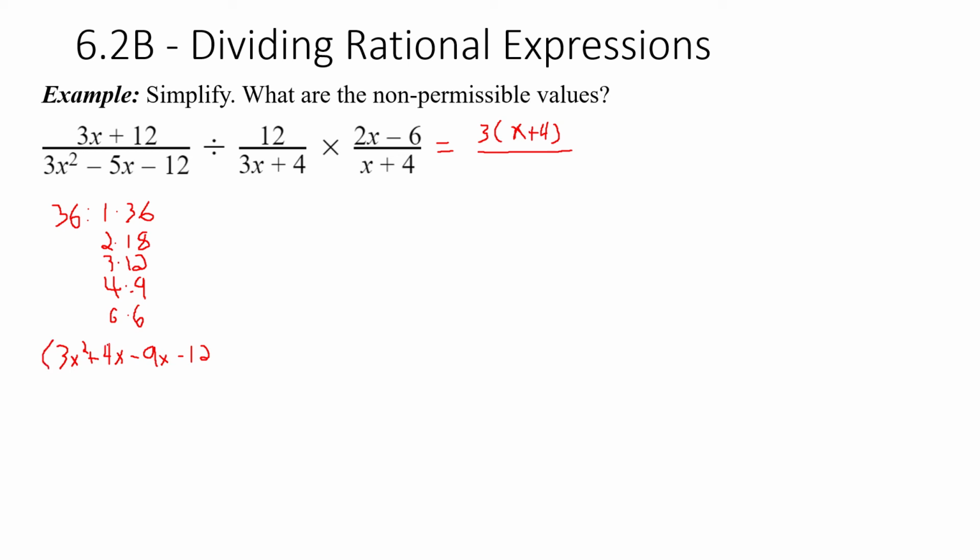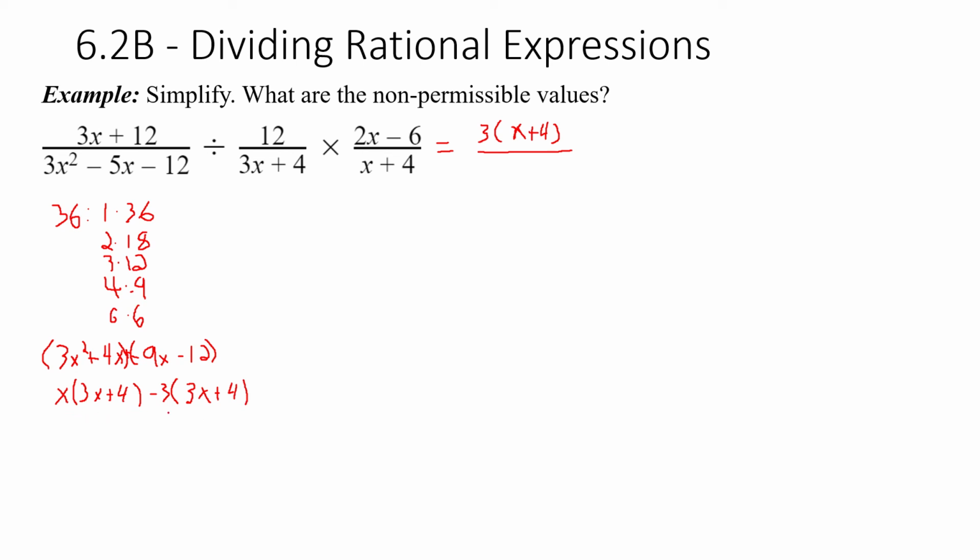Group the first 2 terms, group the second 2 terms, and add them. So from the 3x squared plus 4x, the biggest thing we can pull out is an x. And we're left with 3x plus 4. From the negative 9 and the negative 12, we can pull out a negative 3. And we would be left with 3x plus 4.